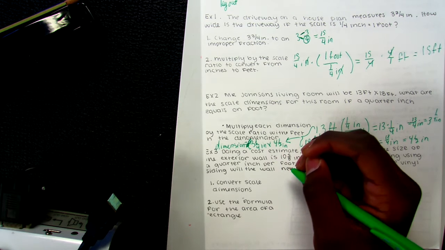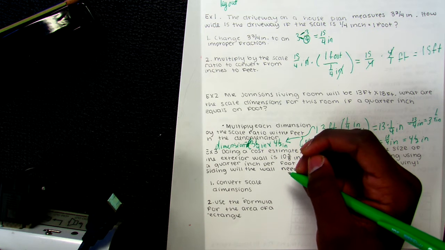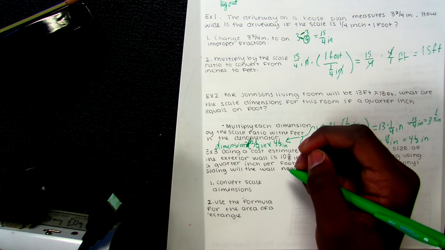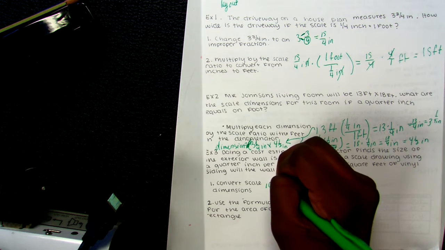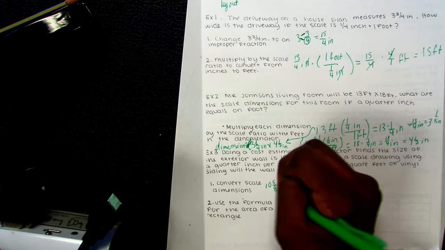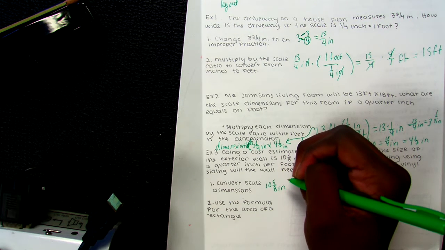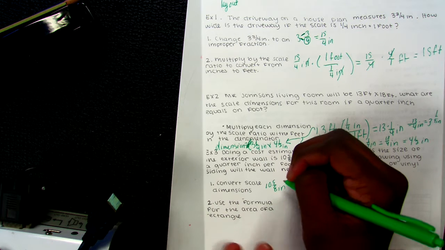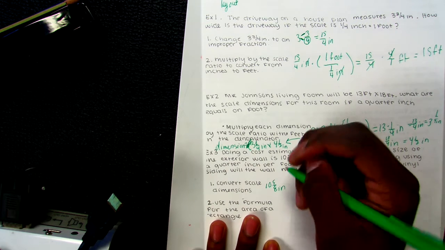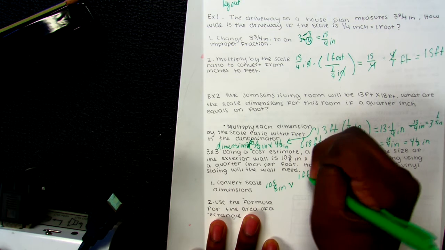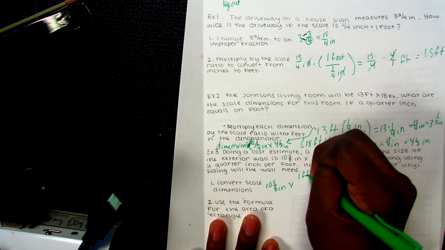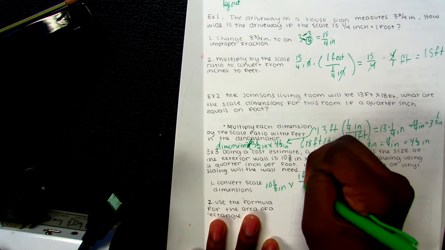So we're going to convert the scale dimensions. So we're going to have 10 5/8 inches times 1 foot over 1/4 inches.